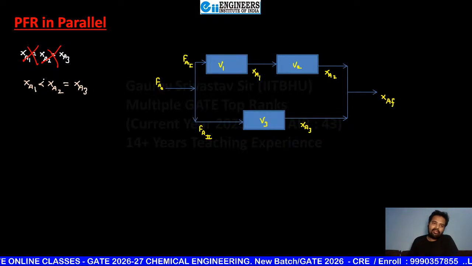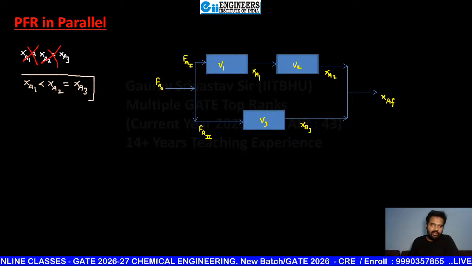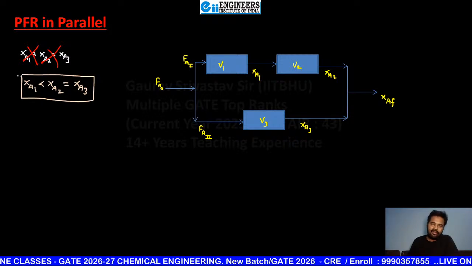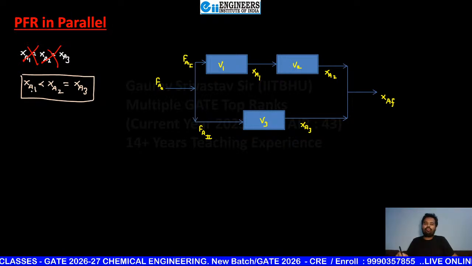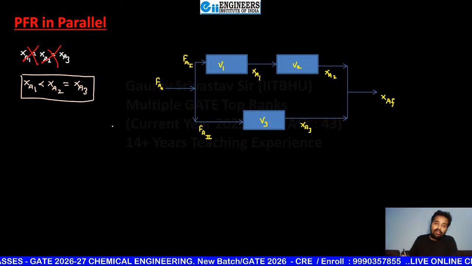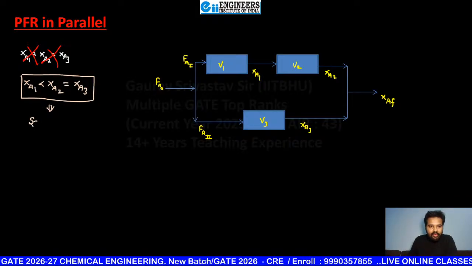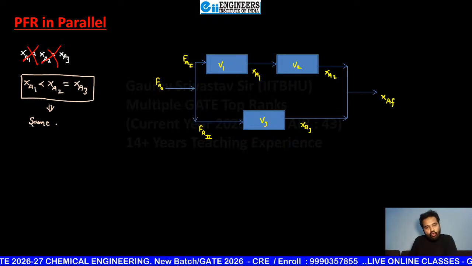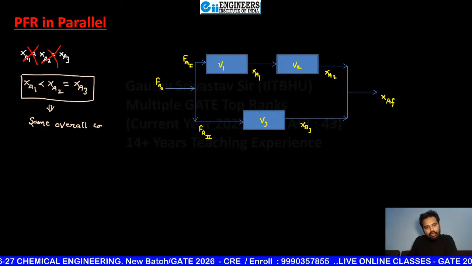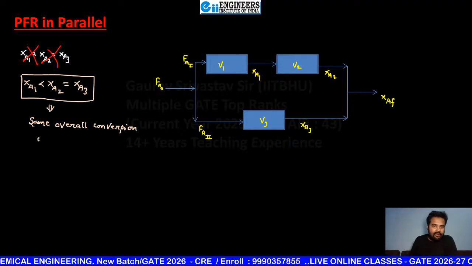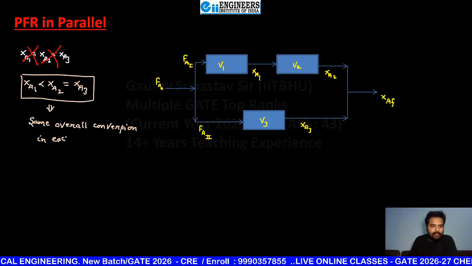So this is the general case that they can ask you. Maybe they are not going to mention XA1, so they will mention the same overall conversion in each branch.